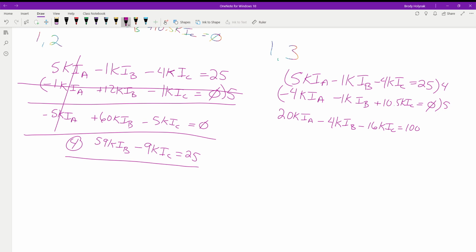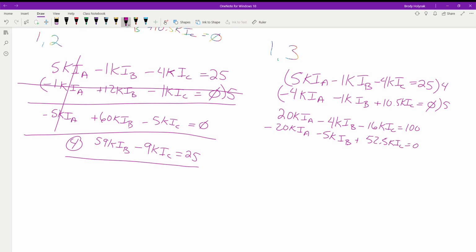The bottom equation becomes negative 20K IA minus 5K IB plus 52.5K IC, again equal to 0.